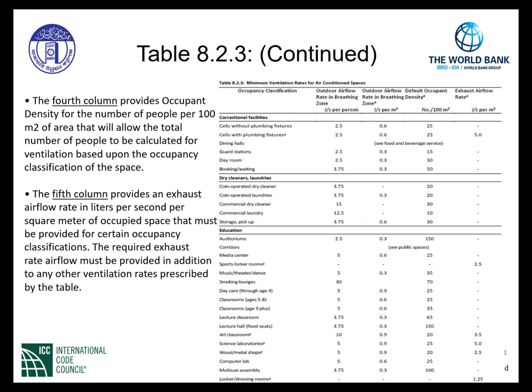The fifth column provides an exhaust airflow rate in liters per second per square meter of occupied space that must be provided for certain occupancy classifications. The required exhaust airflow rate must be provided in addition to any other ventilation rates prescribed by the table.